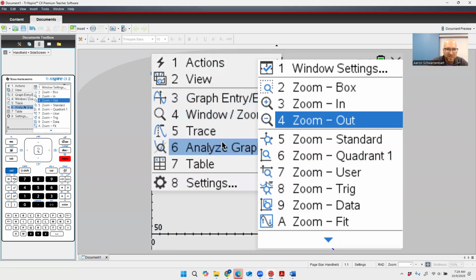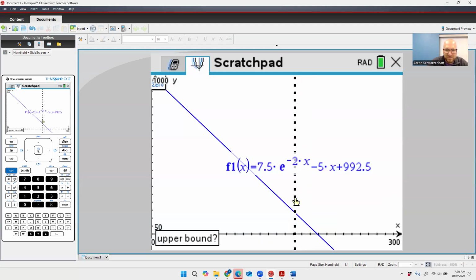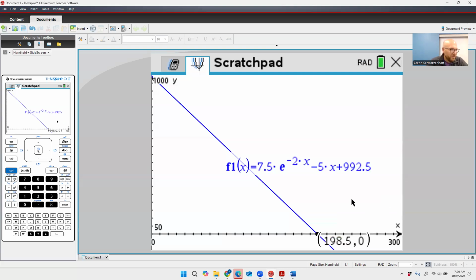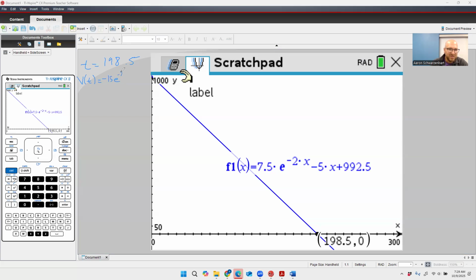Window, okay. Analyze graph, zero, and I get 198.5 as x, or t. It also asks me for the velocity. So with my v of t equation, I'm just doing v of 198.5, which is negative 15 e to the negative 2 times 198.5 minus 5.